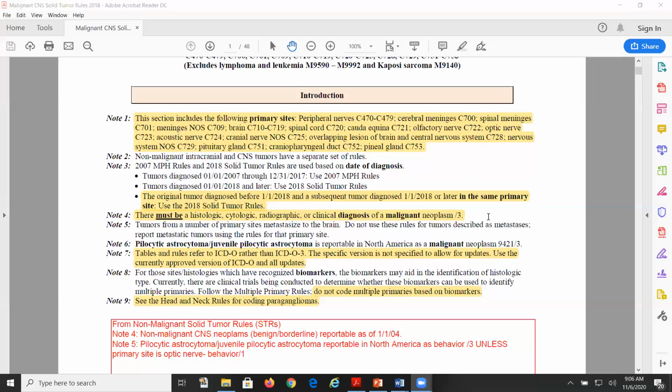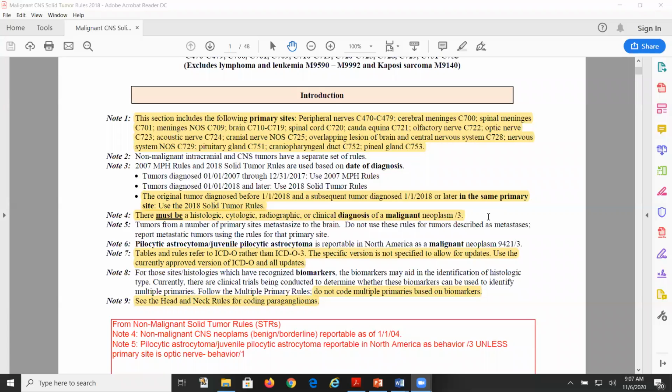And for the paragangliomas in the head and neck sites, you do use the head and neck rules and not these rules. Now, for these sites, we do not code multiple primaries based on biomarkers, but we do use biomarkers for identifying histologies, and you will see that later.